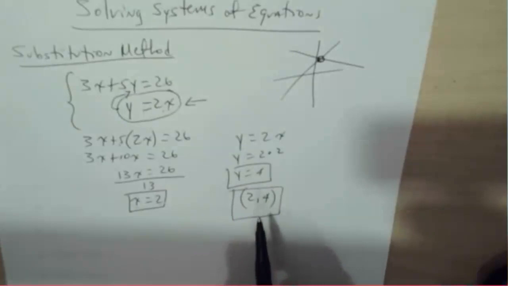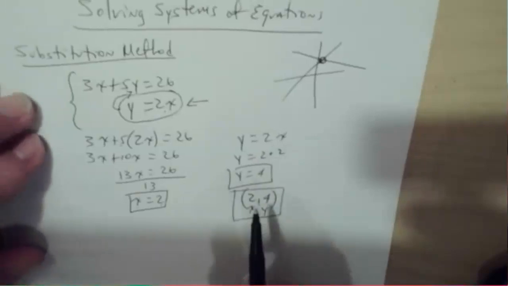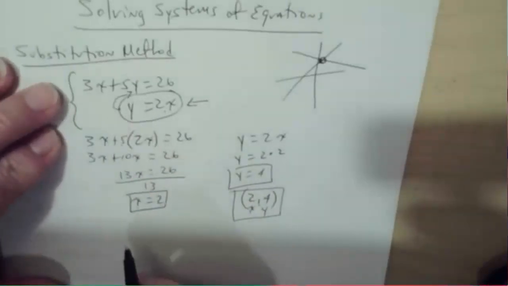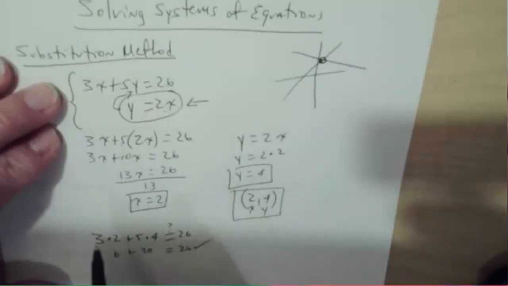Now, how do you find out if this is true? And remember, it's always in the form x, y. So you can plug the 2 and the 4 into both equations. It has to work for both. So 3 times 2 plus 5 times 4, does that equal 26? 3 times 2 is 6, plus 20 is 26, so it is true.